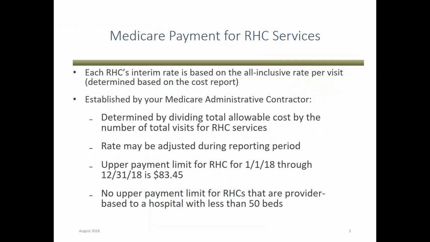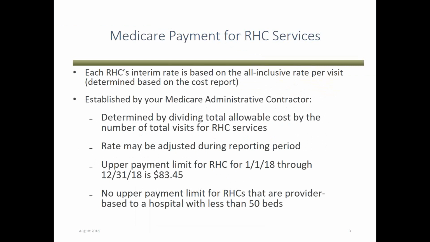It's established by a Medicare Administrative Contractor, your FI, and as they go through the cost report, you will receive that rate. It's determined by dividing the total allowable cost by the number of total visits for RHC services.